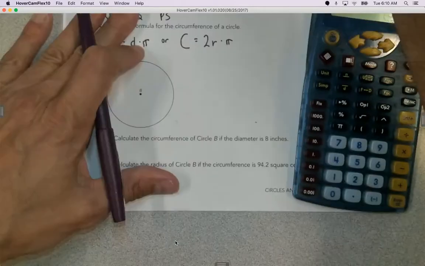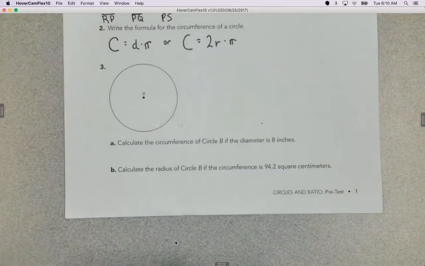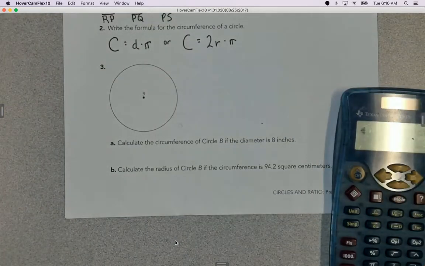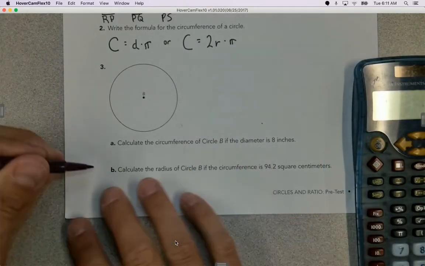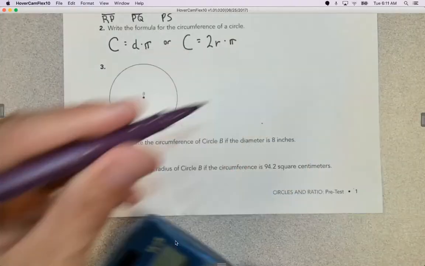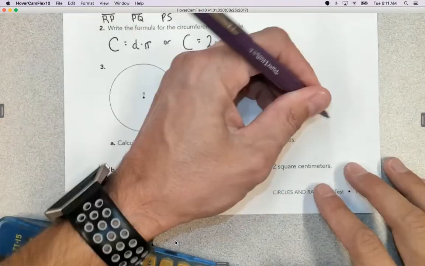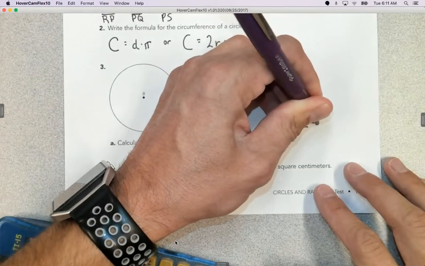Next, we have a circle, and it says calculate the circumference of circle B if the diameter is 8 inches. When I do that, I want to use my formula, so I would have C equals D times pi, diameter times pi.